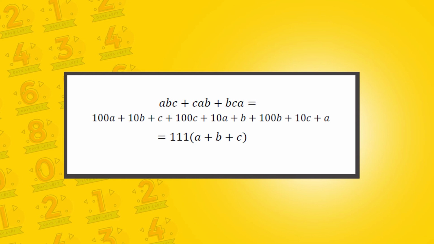But we can write 111 as 37 times 3. So, 111 times (A plus B plus C) can be written as 37 times 3 times (A plus B plus C), which is divisible by 37.